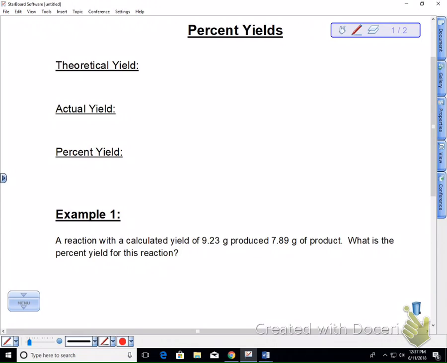Theoretical yield, we've been calculating it. This is anytime you use the limiting reactant to find a product.